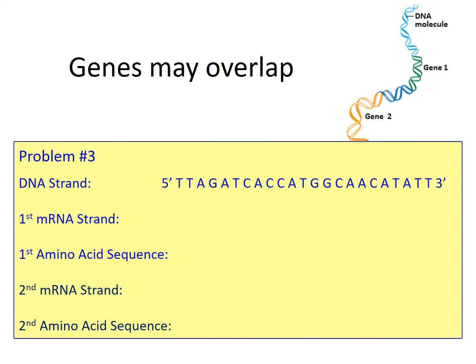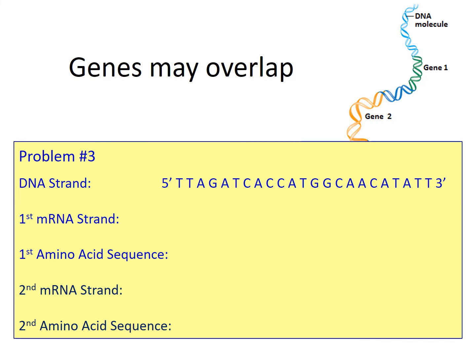Our third problem that you should be able to do is more complex. In this DNA strand, there are multiple 3' TACs, and so you have multiple reading frames. A reading frame is initiated at a 3' TAC on the DNA, and then you keep going until the end of the DNA molecule, and that creates your mRNA strand.